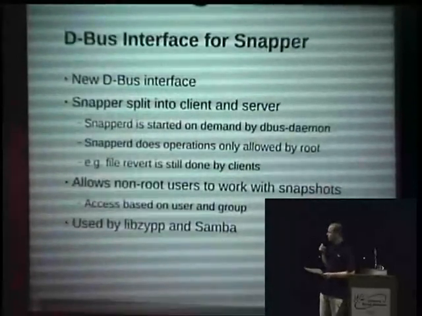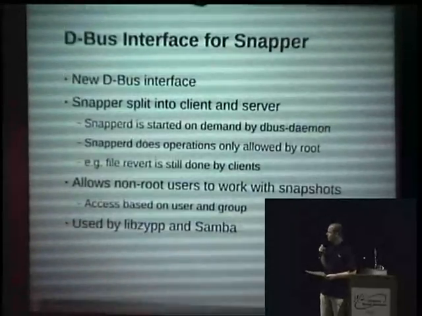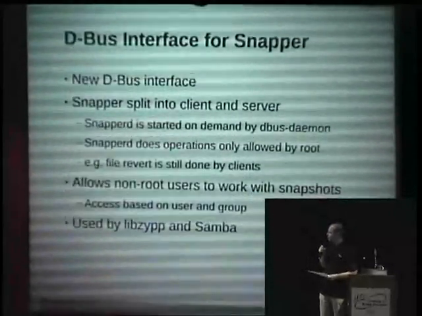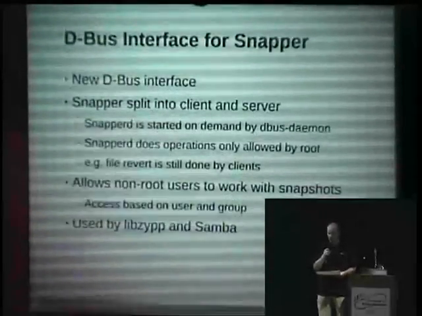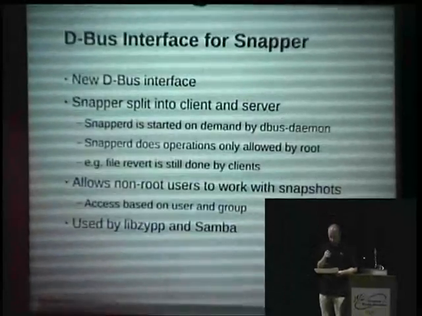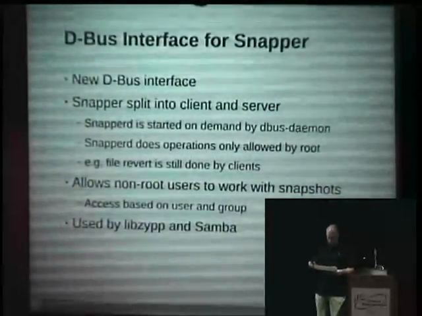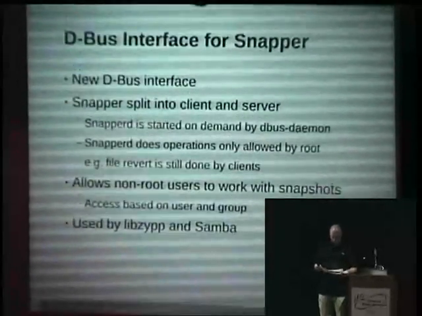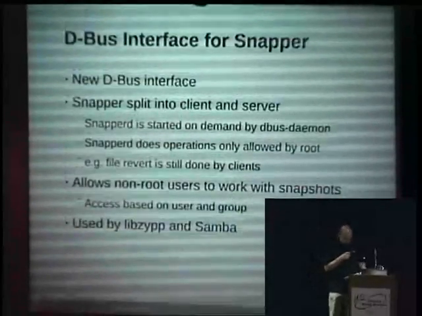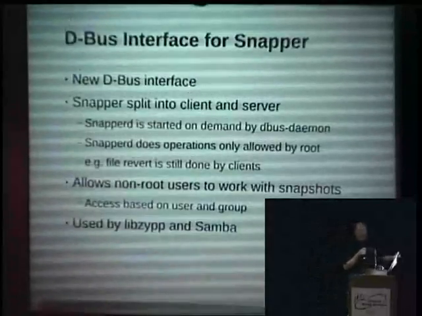And you can give users access to Snapper so that they can, for example, snapshot their own home directory. And this is already used now by libzypp and Samba. So now I will make a short demo of Snapper.